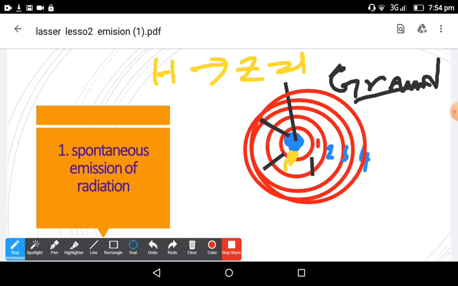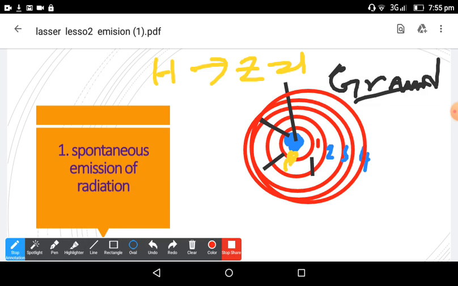Second point is whether all the electrons after reaching the higher energy levels will stay there and settle there in the higher energy level. So these 2 points must be observed.